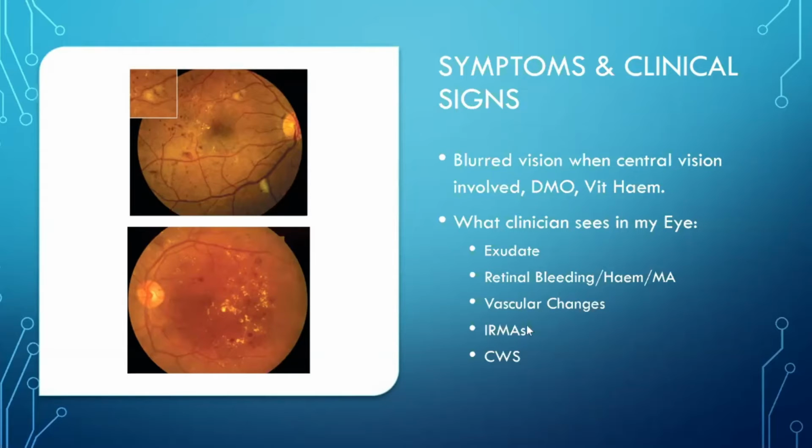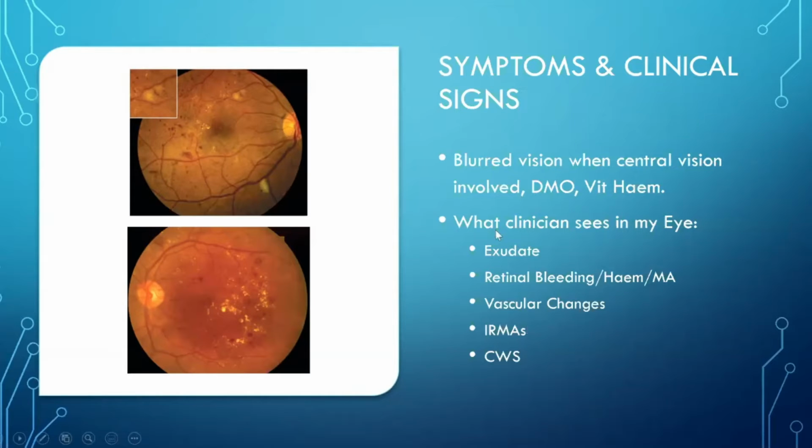Then you will start to notice some deterioration of the vision, blurriness for distance or for reading, distortion. For advanced cases, we may lose vision because of suddenly getting a vitreous hemorrhage. So that's an important factor: diabetic retinopathy can come without you noticing.